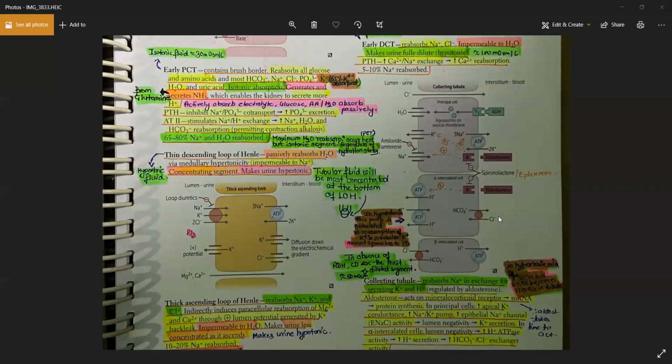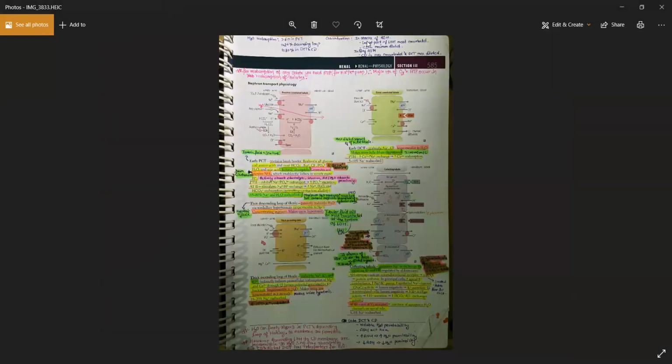Okay, now that was all on this page. So in the absence of ADH, the lowest part of the loop of Henle is already very much concentrated. In the presence of ADH, the collecting duct becomes the maximally concentrated part, just like the loop of Henle, and the DCT is already very much diluted.